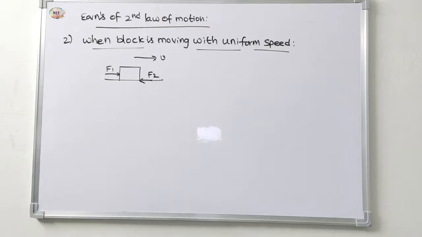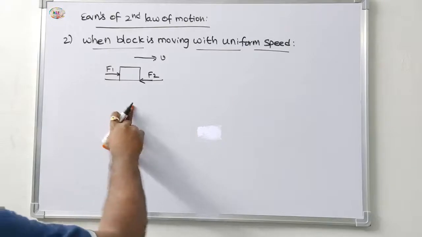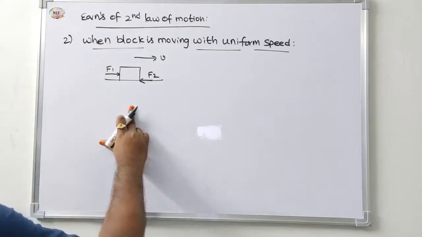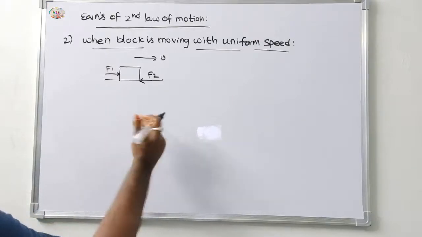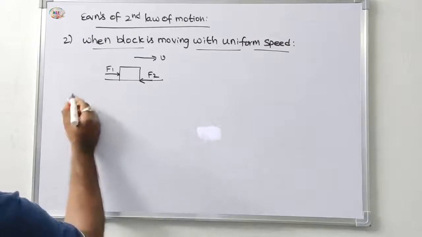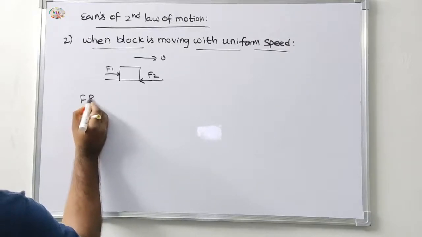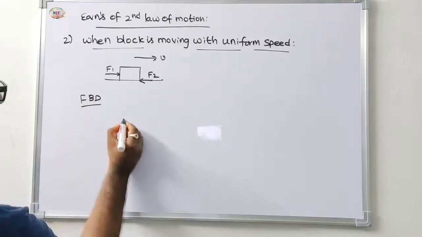Okay, this type of problem will be solved in the same way as the previous one. From the FBD, free body diagram, we will write the vector equation of force. First, write a free body diagram.